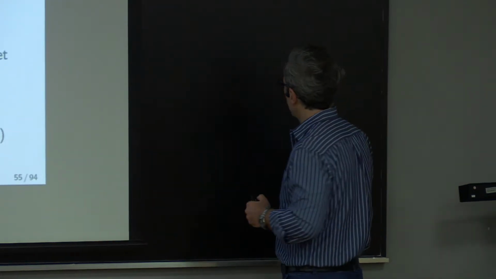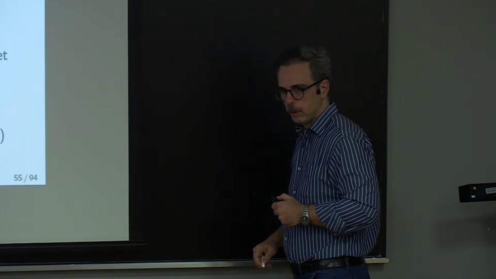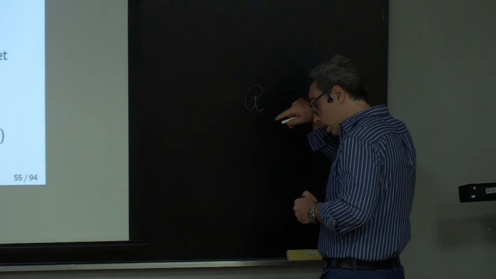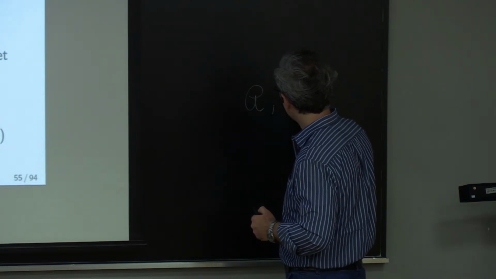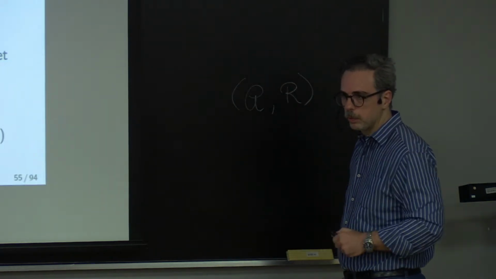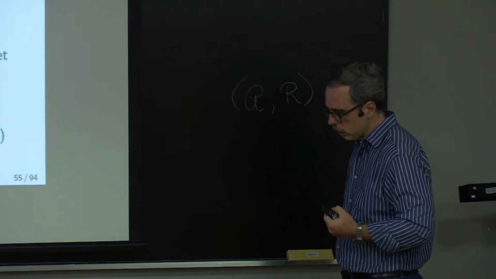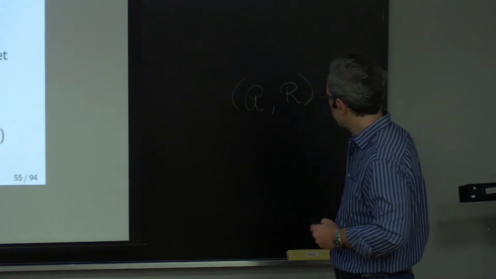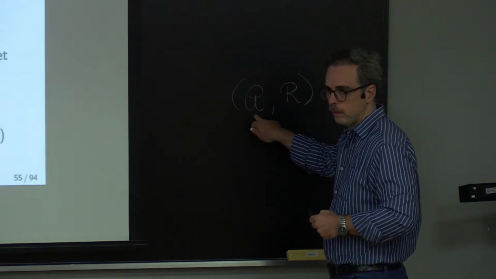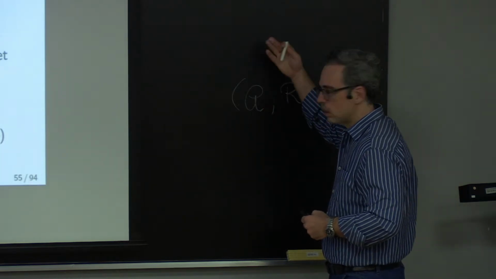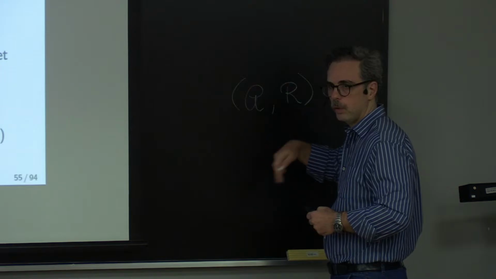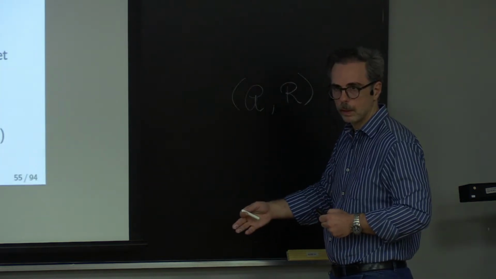It is Beth's definability theorem. You have a structure A and relation R. The hard part of the proof of Beth's definability theorem can be stated in the following terms. R is definable in A explicitly if and only if in all elementary extensions of A, R, R is invariant under automorphisms, right?